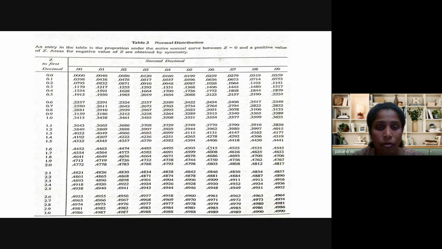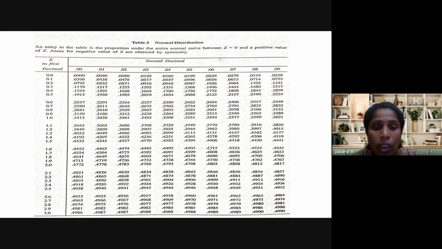Go through this table and find the 1.54 value. Here on the left side we have z to the first decimal, so look for 1.5 on the left side, and we want 1.54, right? Here we have 1.5 and we have to see 0.04 on the top side. For 1.5 and 0.04, the corresponding value is the area.